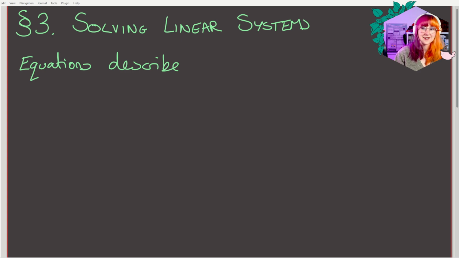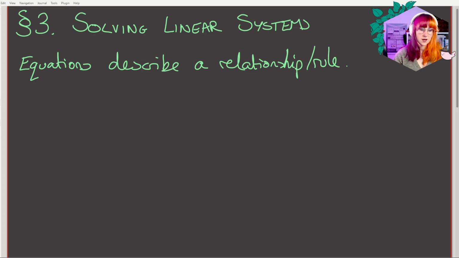So equations, this is going to get quite esoteric. Equations describe a collection of values that satisfy some sort of relationship, just as a refresher. So there's a relationship or rule that solutions obey.